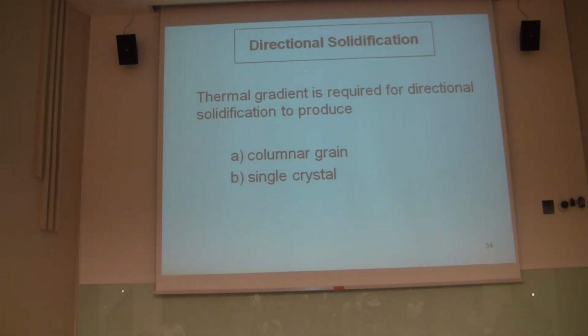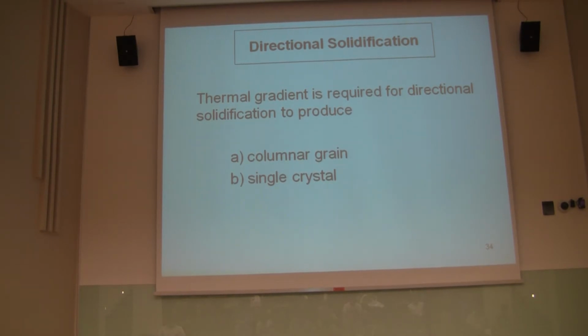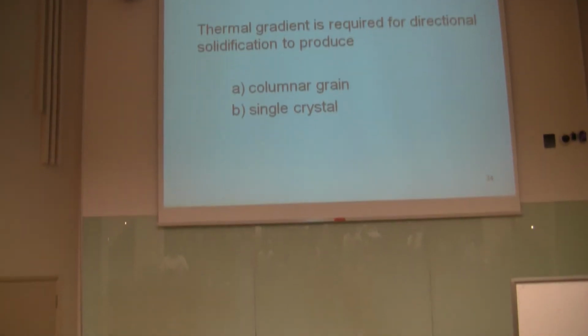Then we talk about directional solidification. This is not inside here, but I already told you how you can do it. I must set up a temperature gradient, meaning I must have a hot end and a cold end. At the hot end I attach a riser, at the cold end I add a chill, to give me the temperature gradient. Okay, done.